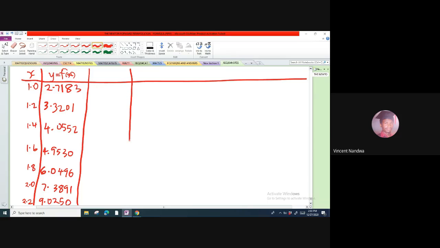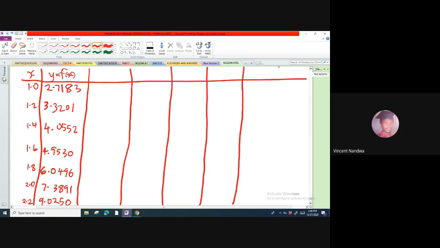So let's now give in the differences. So this is the first difference, second, third, fourth, fifth, sixth. So when you carry out this difference, please confirm these values.